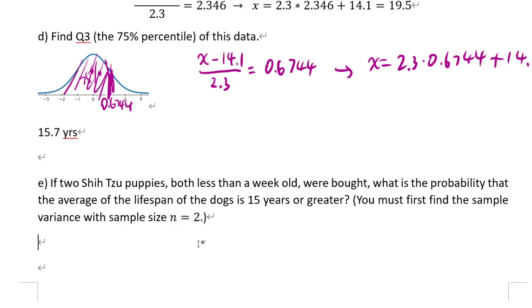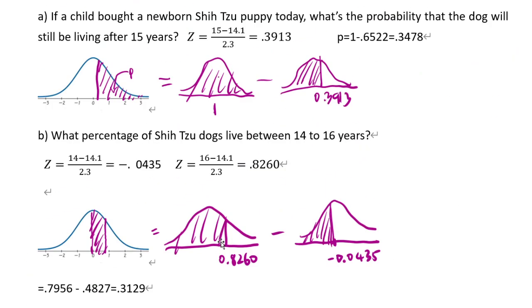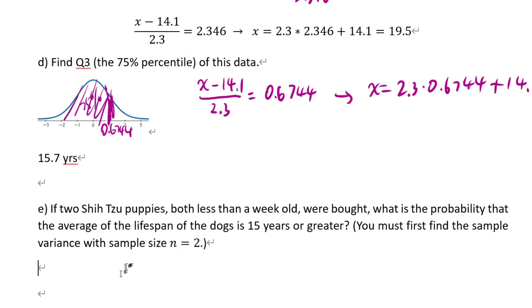So if the standard deviation is 2.3, the standard deviation of the sample mean is the same as the standard deviation of the original divided by the square root of n, where in our case it's 2.3 divided by the square root of 2.